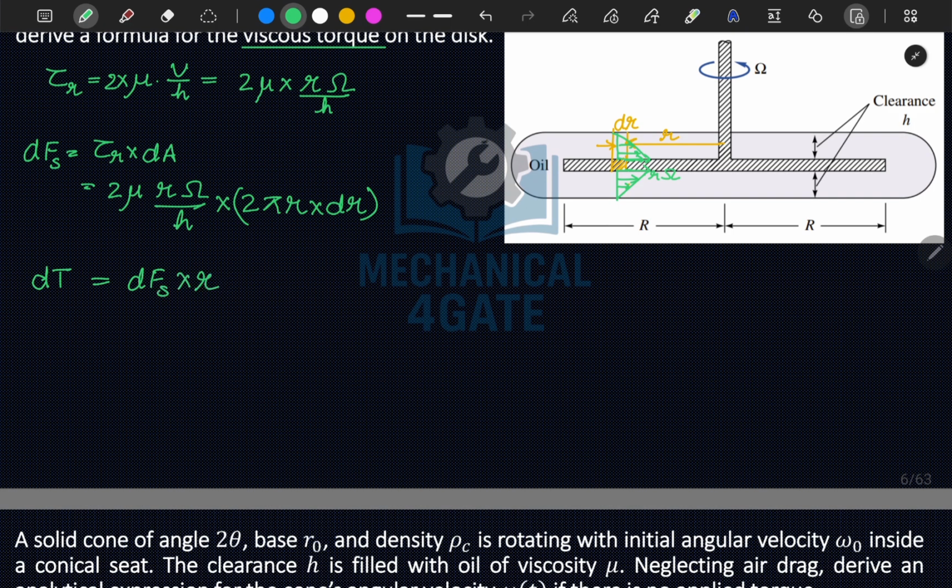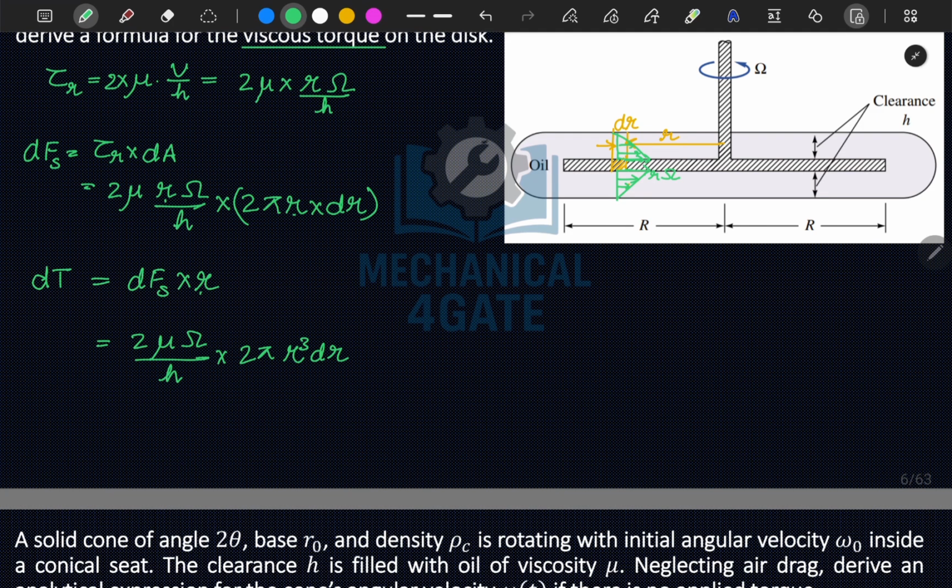If we write this, we obtain 2 times mu omega by h into 2 pi times r cube dr. Here r squared and one more r gives r cube times dr.